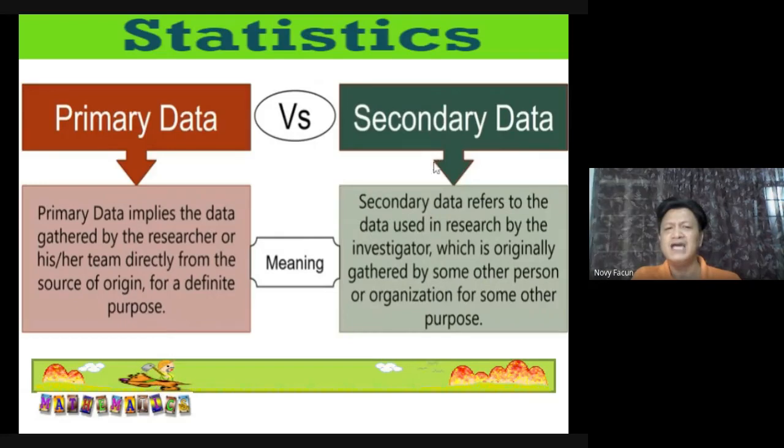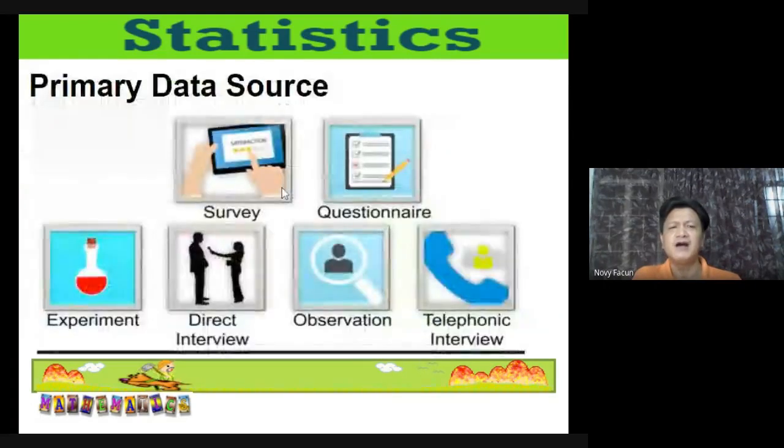So kumbaga ito yung magiging reference natin, no? Kaya nga secondary data siya. Okay, ano-ano nga ba yung mga primary data resource natin or source? Okay, we have the survey, questionnaire, experimentation or experiment, direct interview, observation, and we also have the telephonic interview.